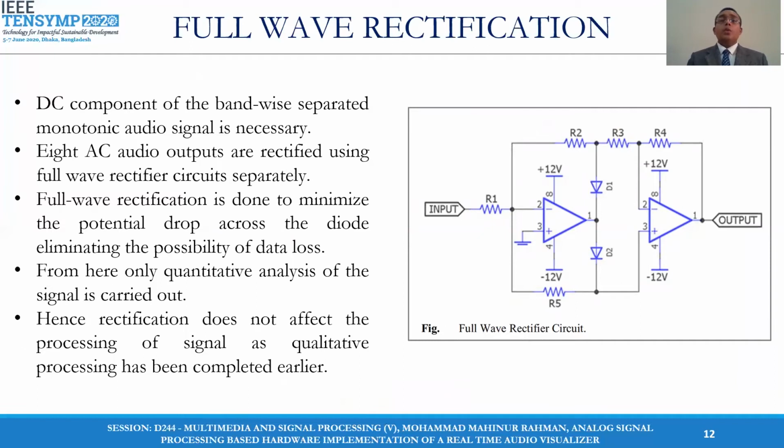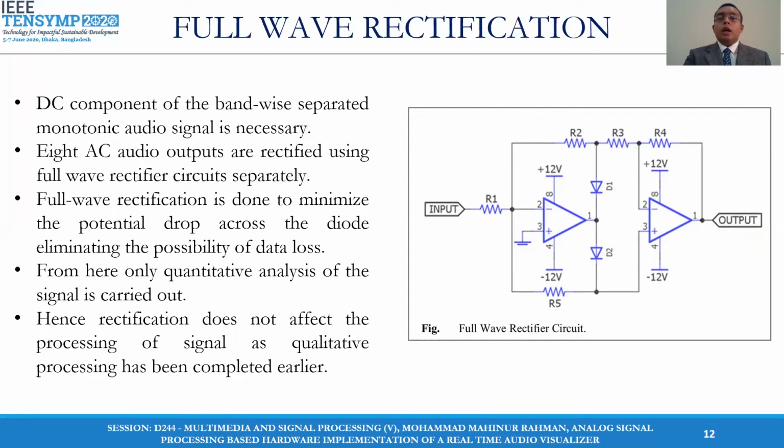We used full wave rectification to minimize the signal loss through the diode that there would have been with half wave rectification. From here we move on to the quantitative analysis of the signal. Qualitative analysis was already carried out in the band separating in the active filtering stage.